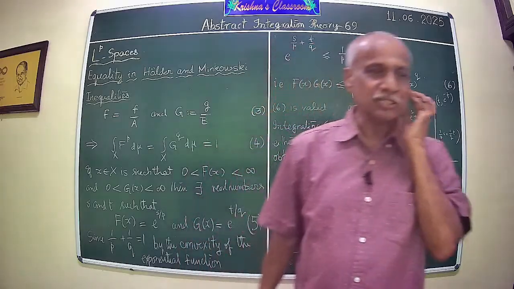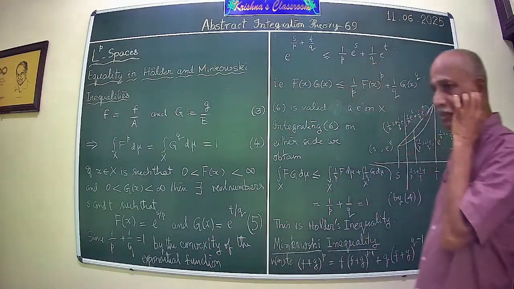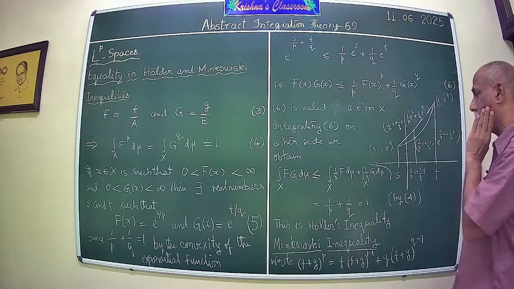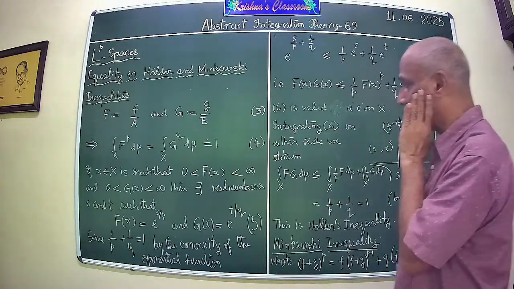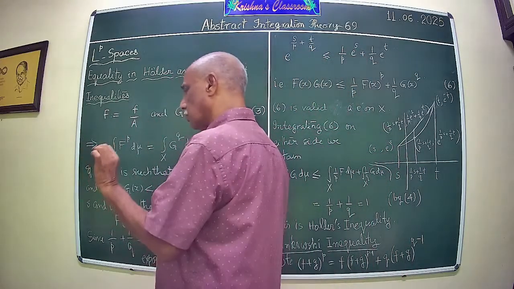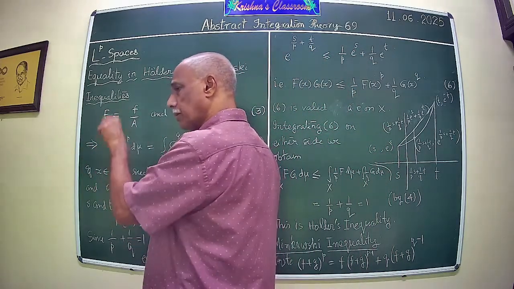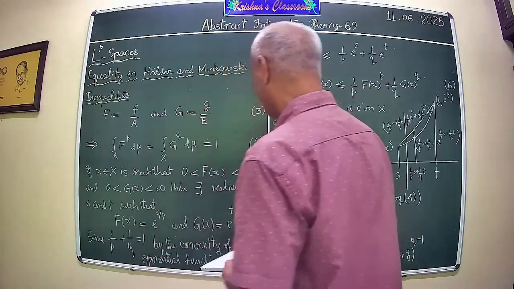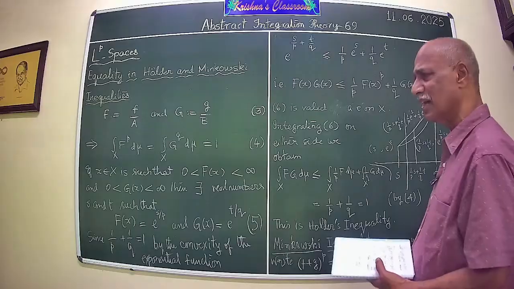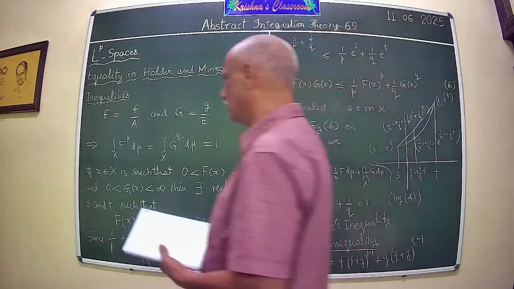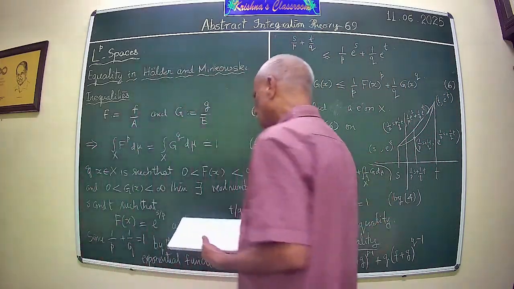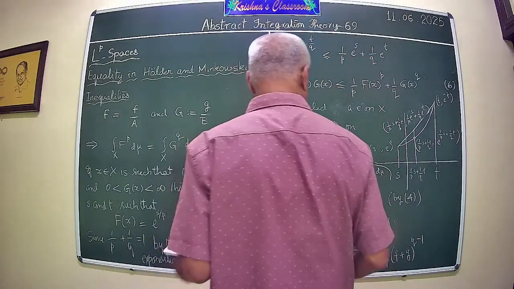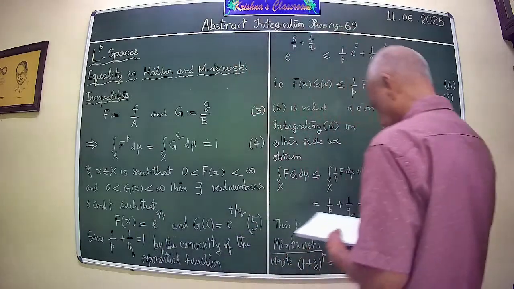Okay, but that is no restriction at all, because in the case of LP spaces we will be talking about LP functions where the integrand that appear will be integral over x mod f to the power p, which is again a measurable non-negative function. Okay, so it will come to this. So this is no restriction at all. Okay, we are just assuming to avoid writing all sorts of absoluteness and so on. Okay, so denote this by 8.